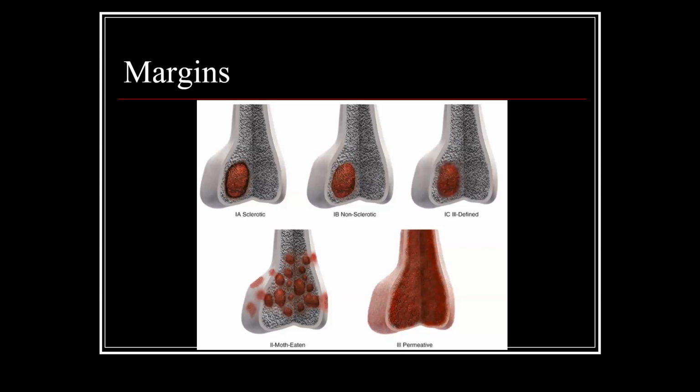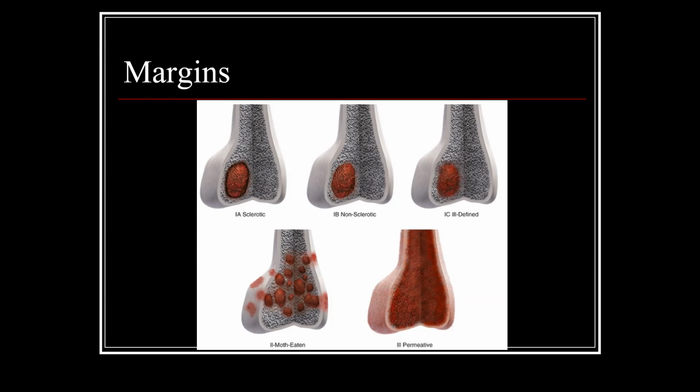So this is just a nice little schematic to illustrate some of the different types of margins that you might see. One of these is a sclerotic margin. As you see here, there's a little bit of accentuation of mineralization around the lesion. A sharp margin, but not sclerotic, also usually a benign, slow-growing lesion.